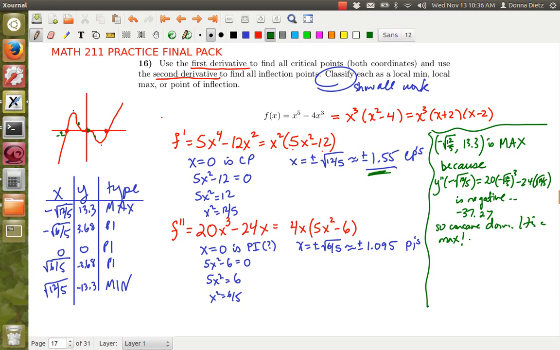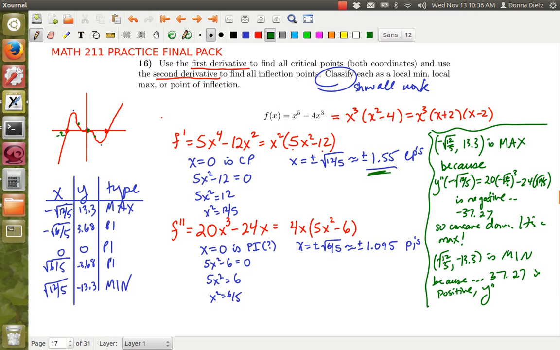Okay, and you use a very similar argument for the other guy, and you would say, so square root of 12 over 5, negative 13.3 is a min because 37.27 is positive.